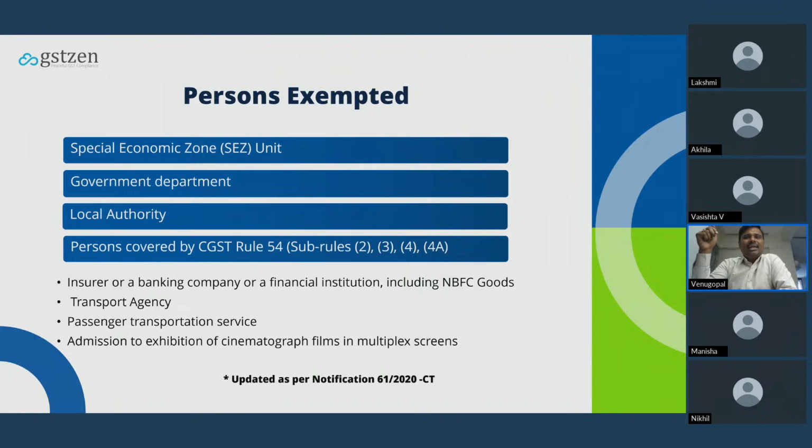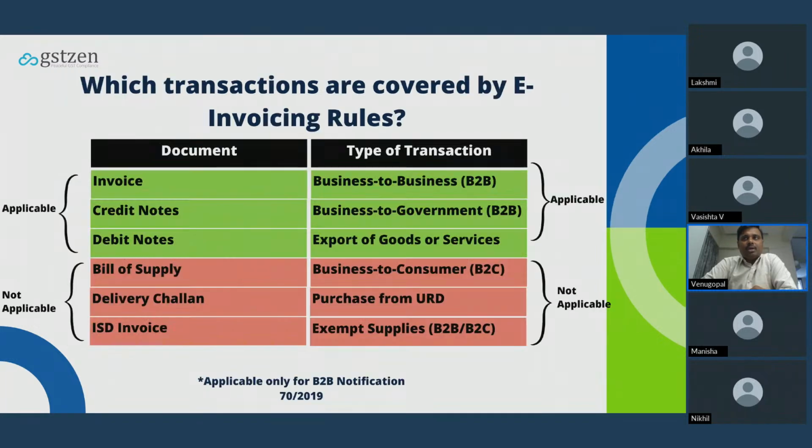These entities are exempted from generating an e-invoice. They can if they want, but it is not mandatory. When I say SEZ, the SEZ person is exempt. If you are supplying to an SEZ, you are still liable to generate an e-invoice.